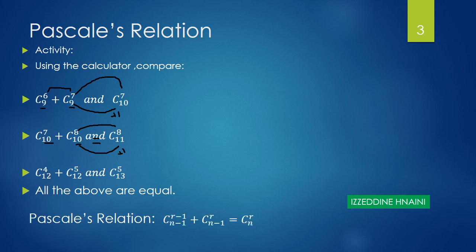In general, C(n minus 1,r minus 1) plus C(n minus 1,r): here we have the same n, and these two numbers are consecutive, so we add 1 to n and we take the greater, r minus 1 and r, r is the greater.